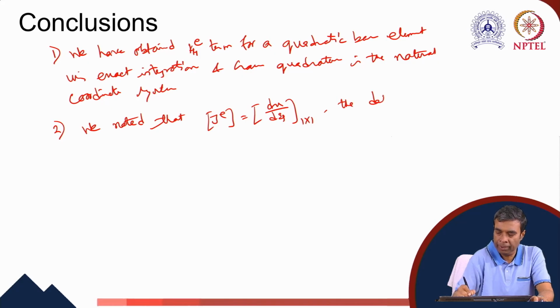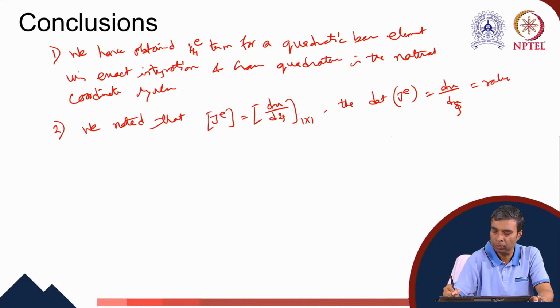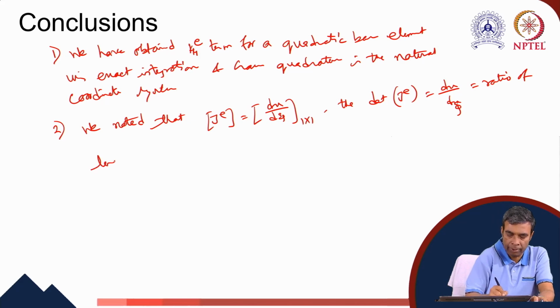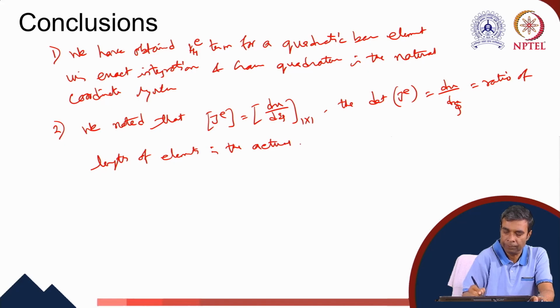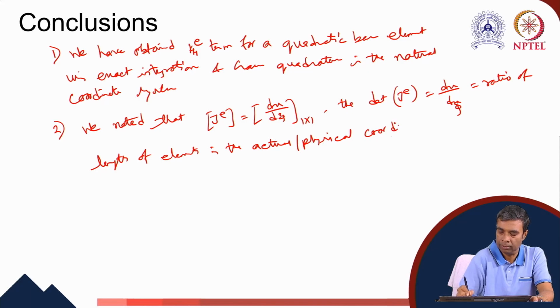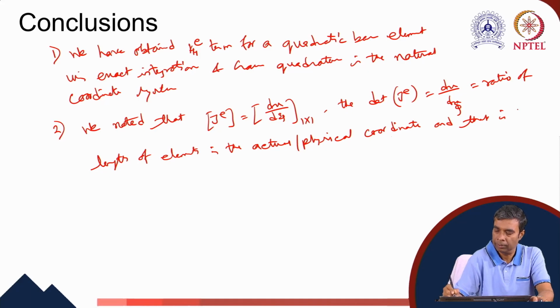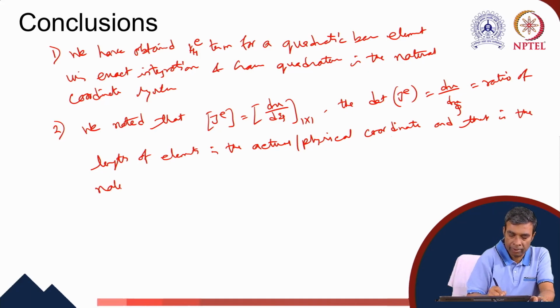The determinant of Je equals dx dxi equals ratio of lengths of elements or segments in the actual or physical coordinate, and that in the natural coordinate.